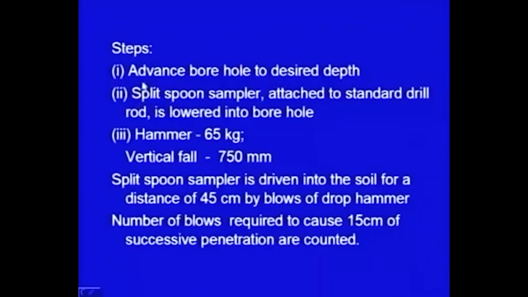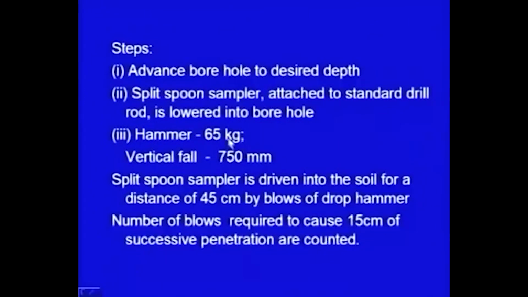Then at that particular depth, the split spoon sampler attached to the standard drill rod is lowered into the borehole. Then there is a hammer which I discussed just now. The weight of the hammer is 65 kg. It is the standard weight as per the IS specification, and it is allowed to fall freely for a distance of 750 mm.